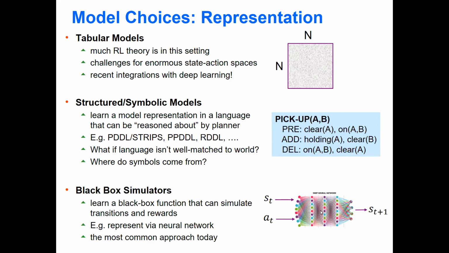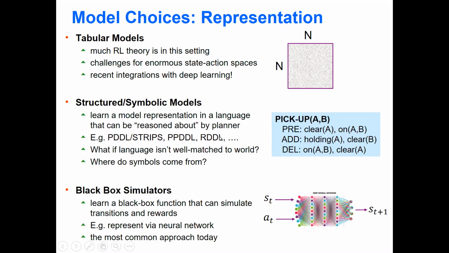The thing that it's missing compared to the symbolic model is there's no sort of higher level symbolic structure here that a planning algorithm might be able to leverage. So that's sort of what you're giving up. You've got a black box simulator. It can spit out next states given current states and actions, but you don't have any other understanding of that model than that sort of functionality.